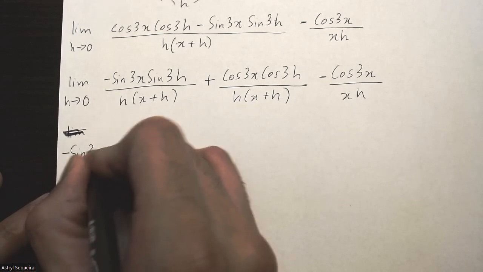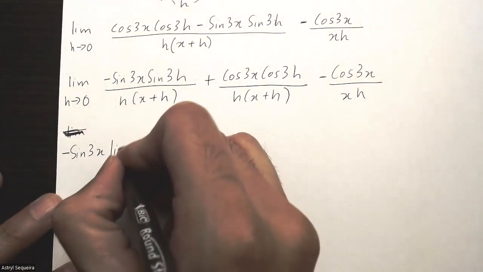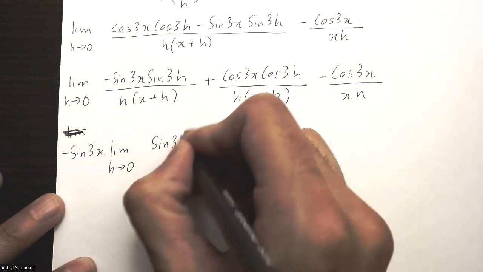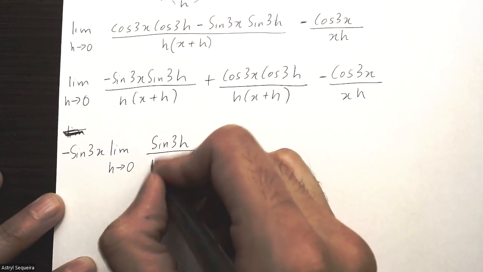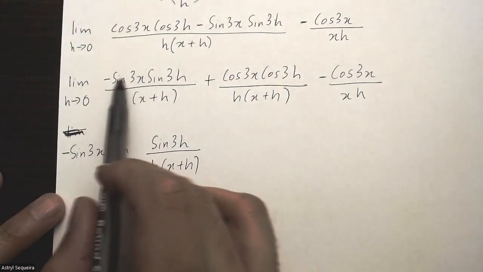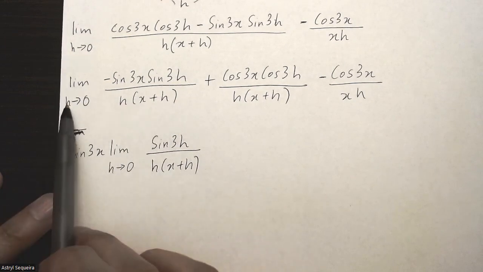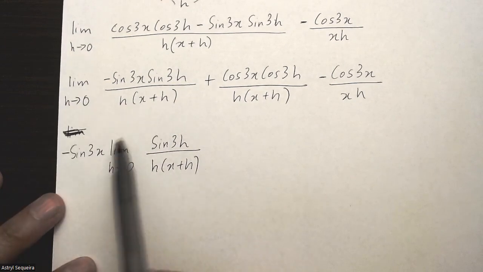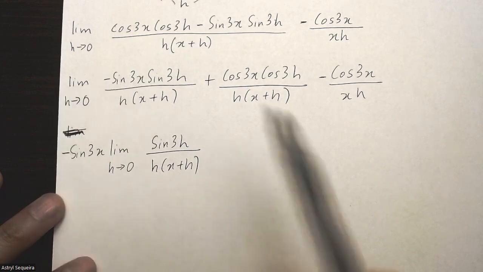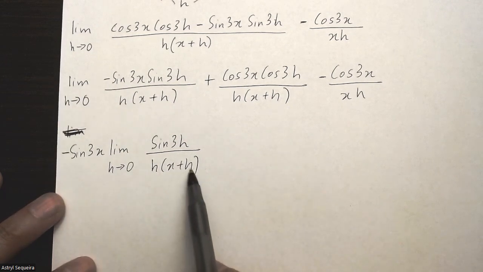Negative sine 3x, lim h approaches 0, sine 3h over h times x plus h. All I did was move this negative sine 3x outside because it doesn't have an h term, so the limit will not affect it at all. I can do that with any constant or any x term, but I can't do it with x plus h because there's an h there.